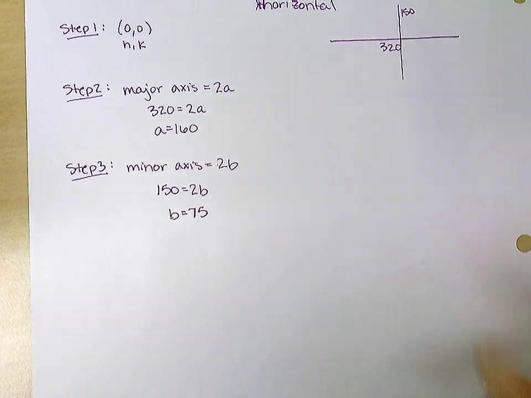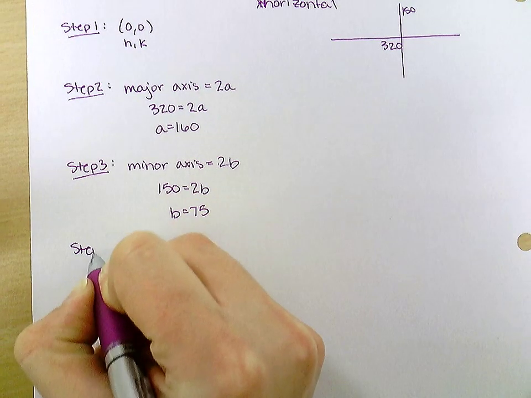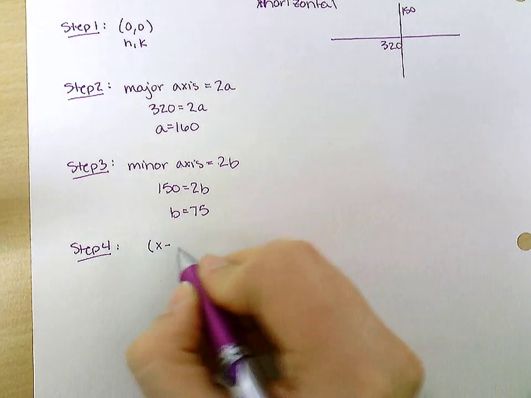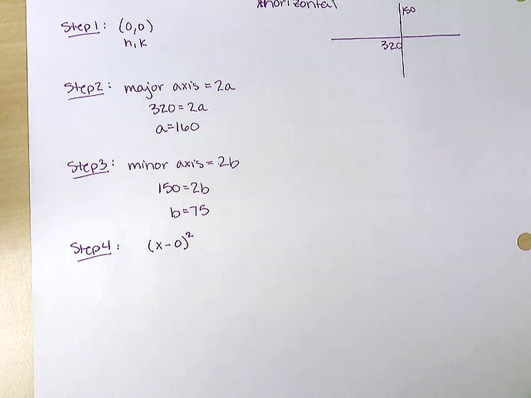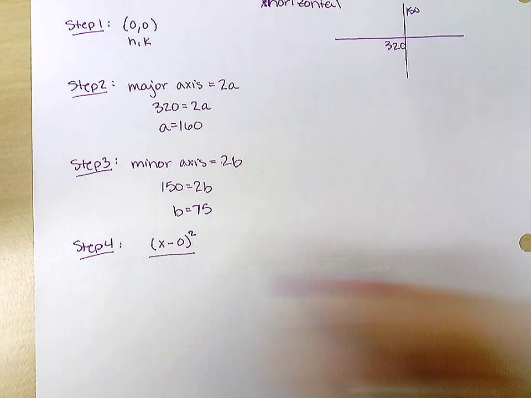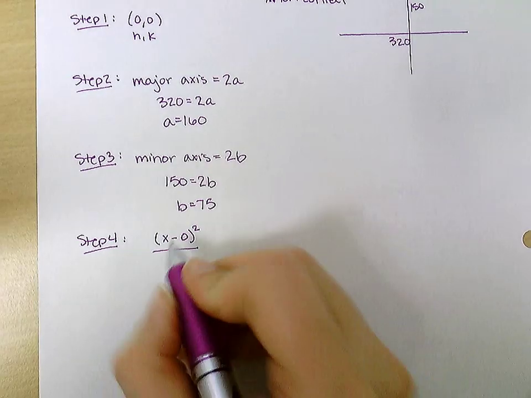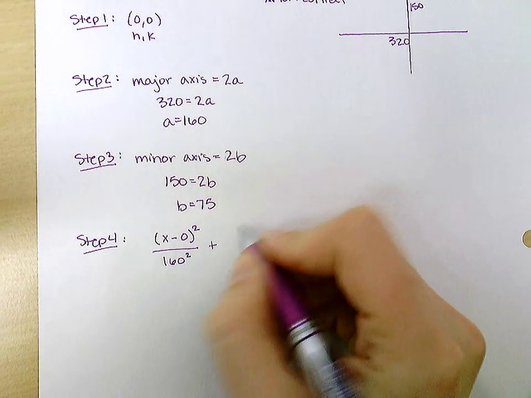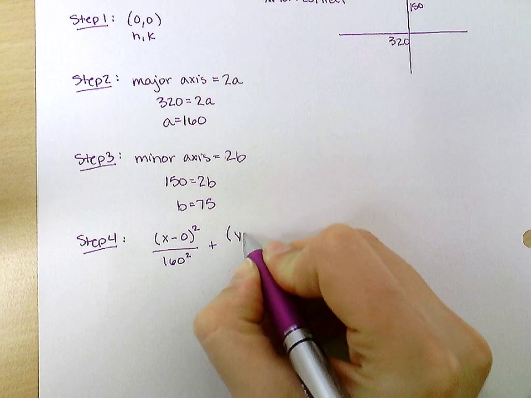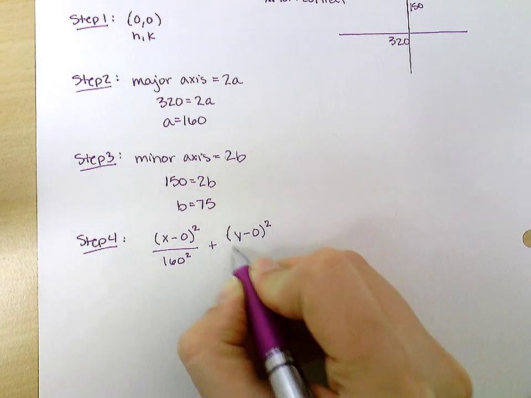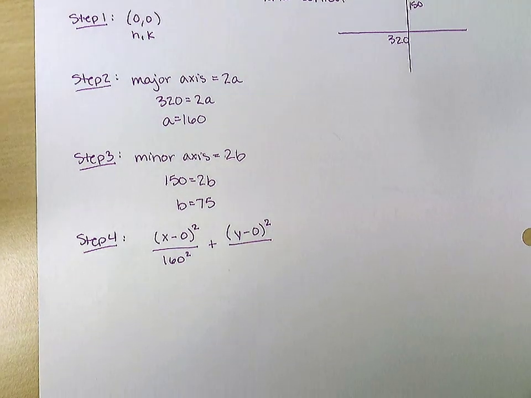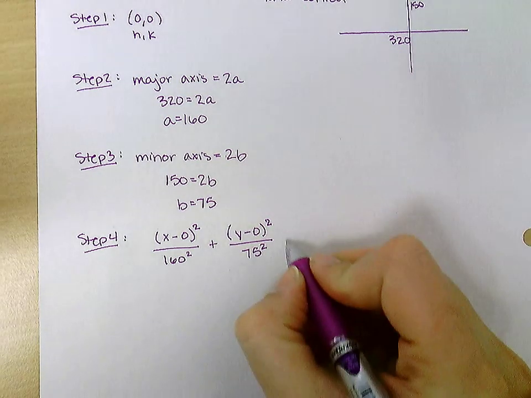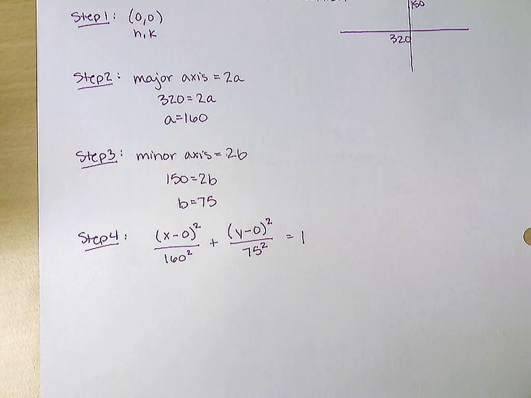So for step 4, writing out this equation, we would have x minus our h value 0, squared, over our a squared value, which is 160, and that's squared, plus y minus k, which is 0, squared, over our b value 75 squared, and that's equal to 1.